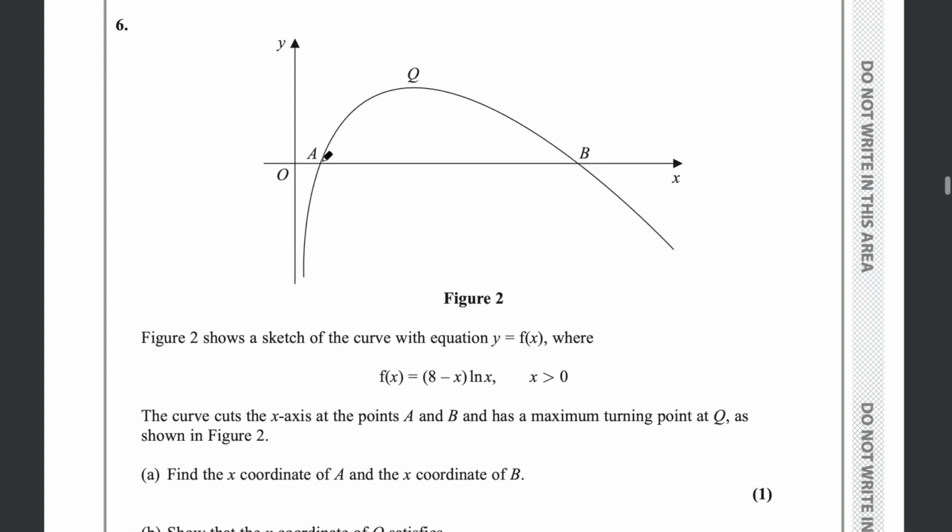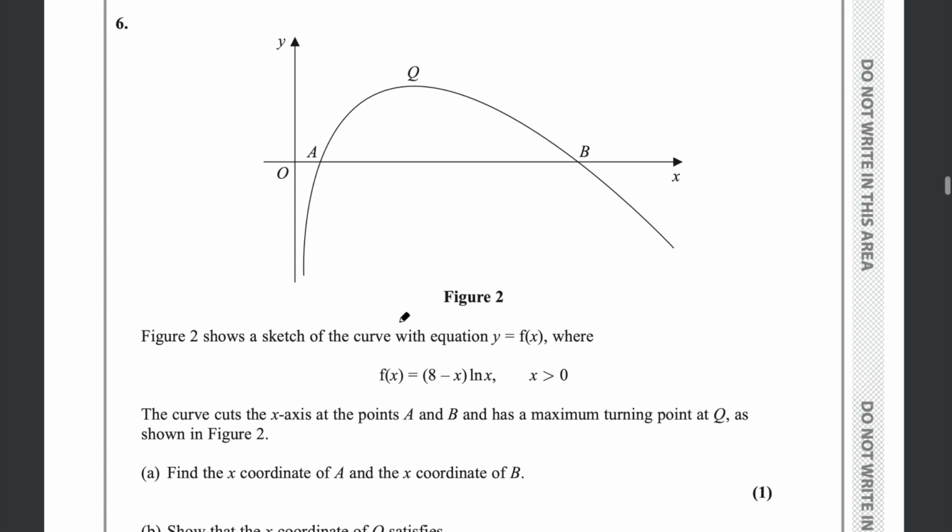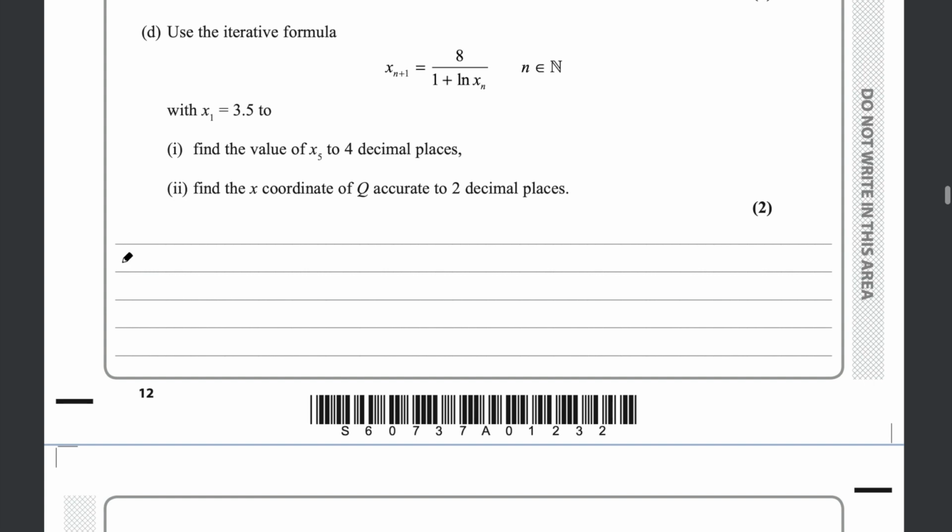Alright, so A and B are where this curve cuts the x-axis. So this will be where y equals 0, or f of x equals 0. So we can start with that. So for part A, when f of x equals 0, we'll have (8 take x) times the log of x equal to 0.